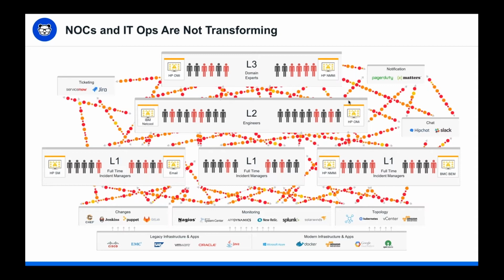There's obviously a lot of interest in what we call the mean time to innocence, which is the time it takes for someone to determine that their change or their group is not responsible for that outage. And all during this time, when there's an outage, a performance issue, a bridge call, it means that your customers are unhappy.